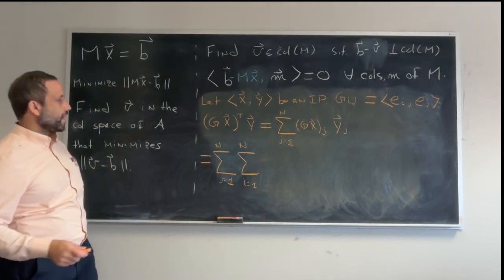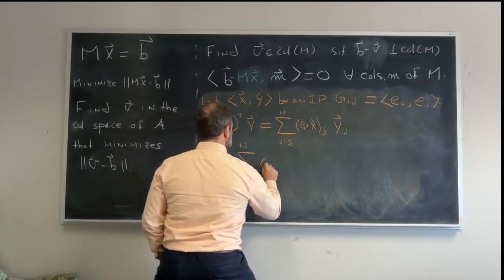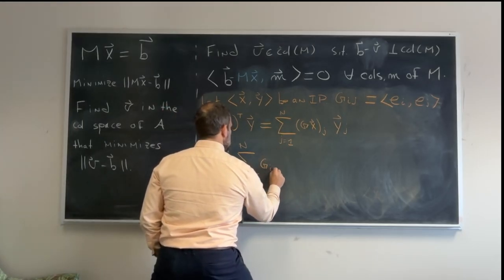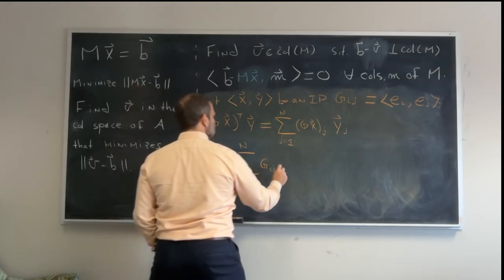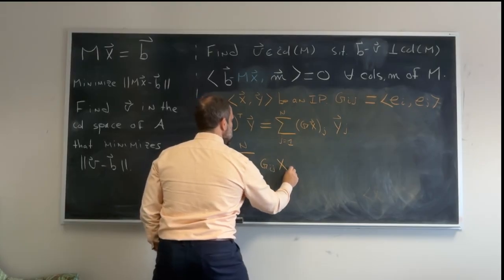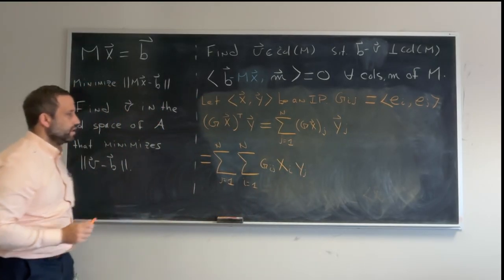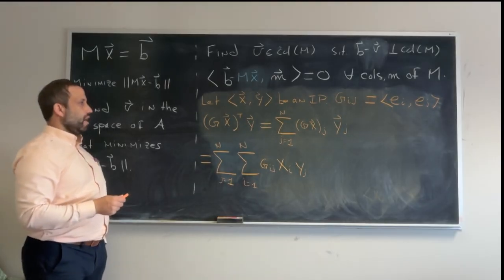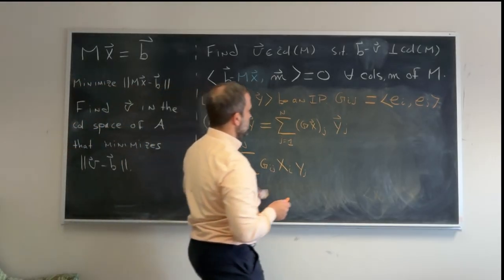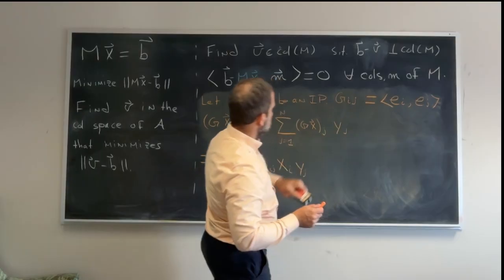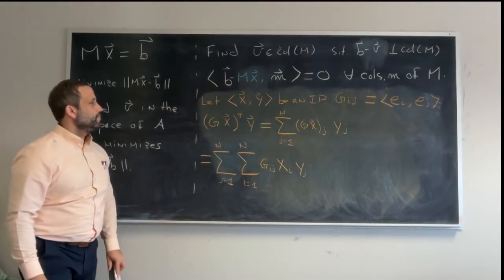And if I unpack all of this, this is going to give me G ij times xi times yj, where xi is the ith entry of x and yj is the jth entry of y.